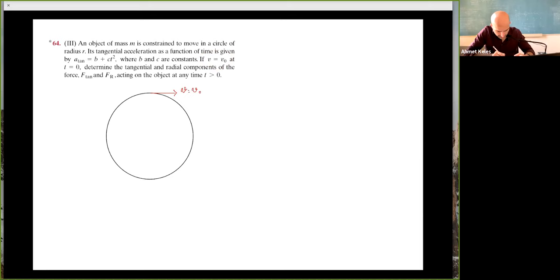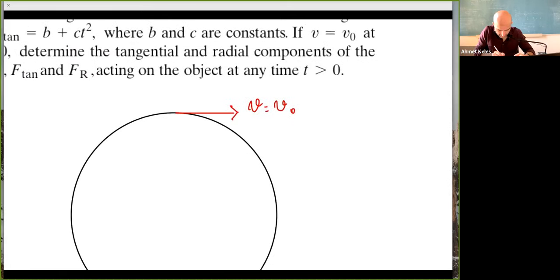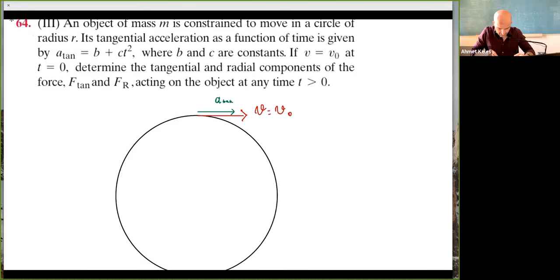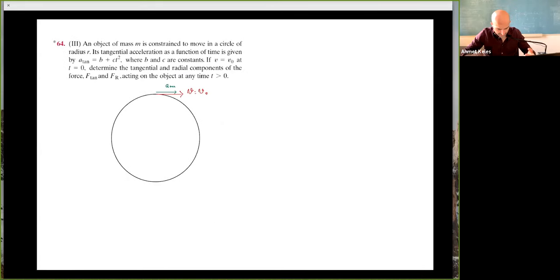I'll shift this a little bit so that they don't overlap. So this is a tangential. A tangent means a tangent, and tangential acceleration means this. And these are at t equal to 0.